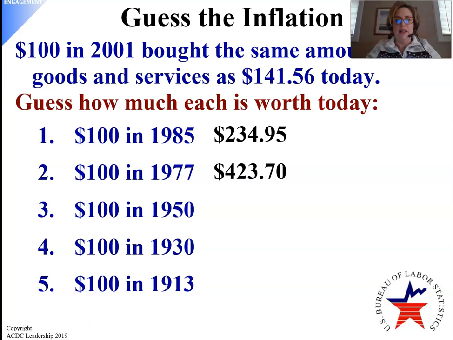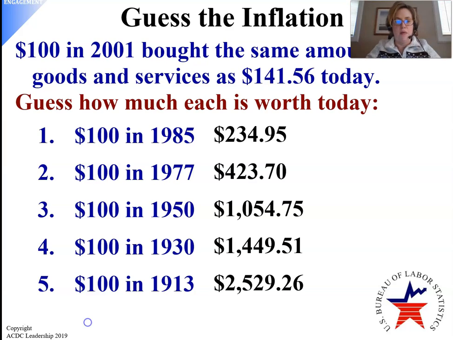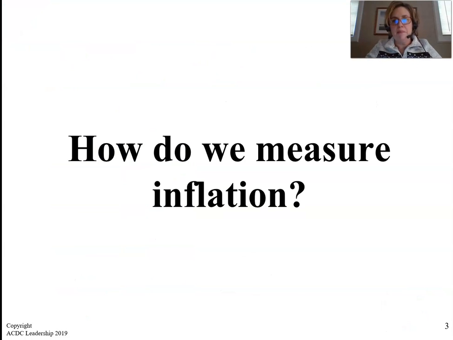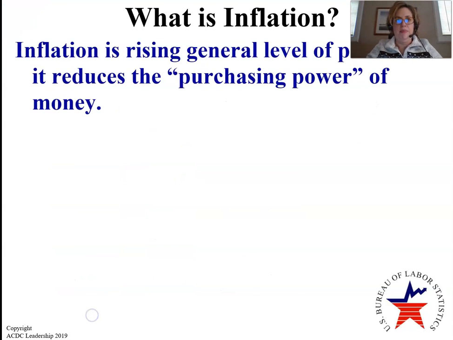You'd need $423.70 if you had $100 to spend in 1977, and so on. $100 in 1913, you'd need $2,529.26 today. How do we measure inflation?